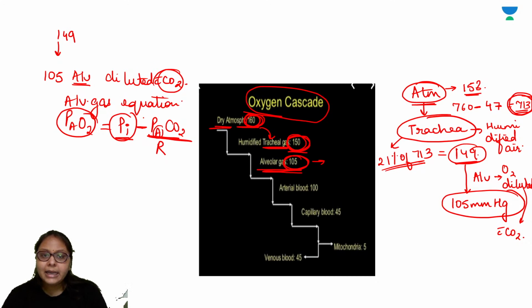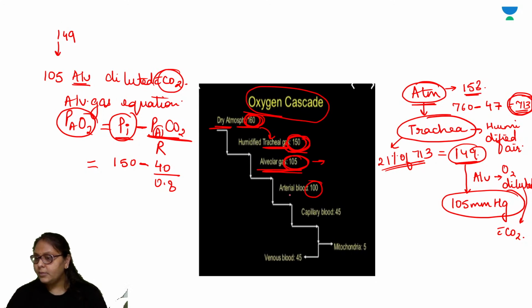So inspired air में कितना था 150 माइनस alveolar लेवल पे कार्बन डाइऑक्साइड कितना है 40 अपॉन 0.8, it comes around 105.